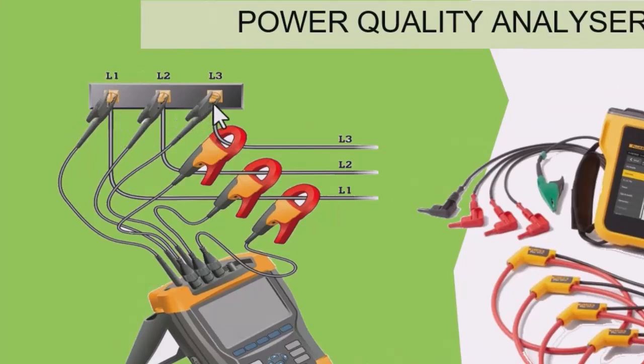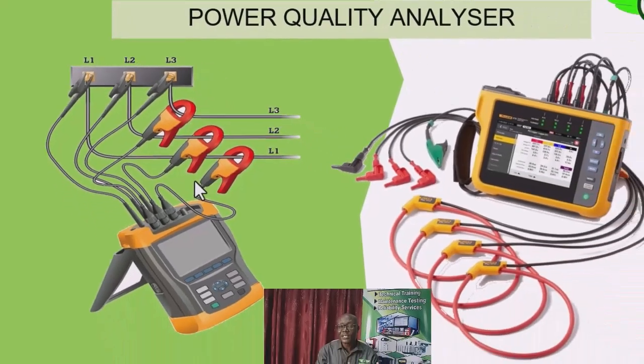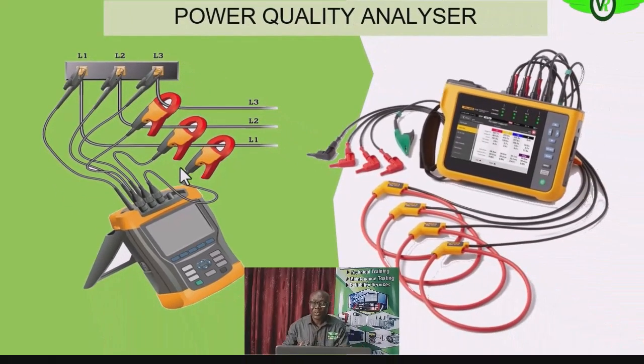So this is how the quality analyzer is connected to the system. We can place it in two ways. We can place it at the input into our facility, where the power system interfaces with our facility. Are we getting it? So that we will know if what is entering the system is of the required quality.